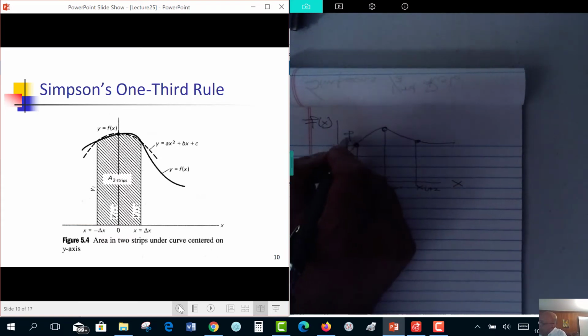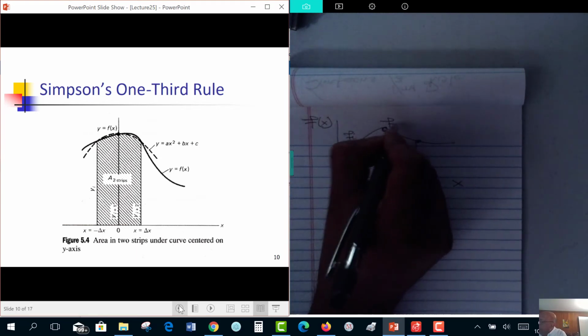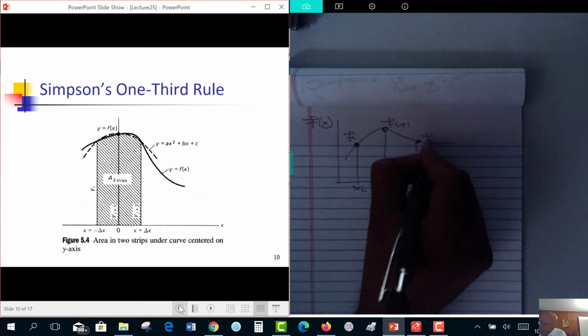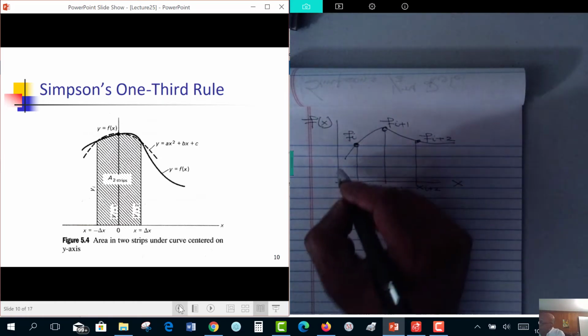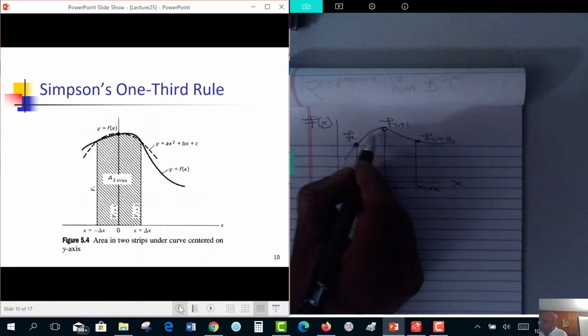So this is function i plus 1, function i plus 2. So what we do is we fit a parabola to it.